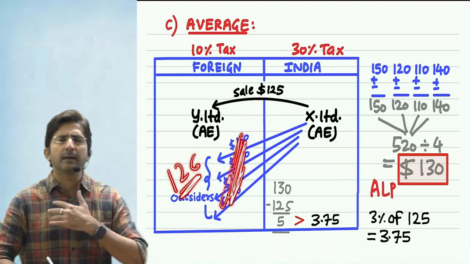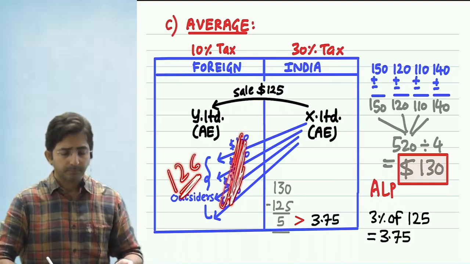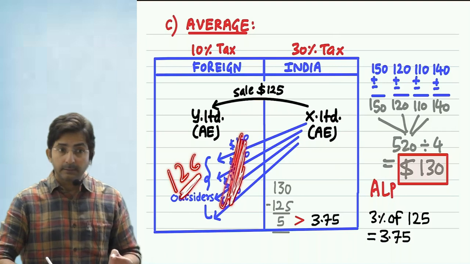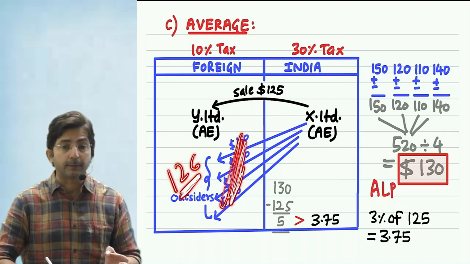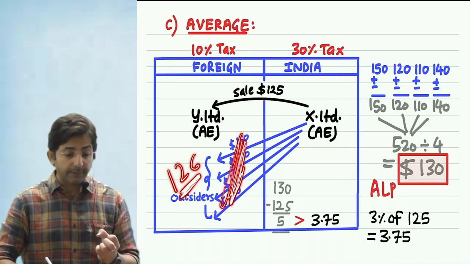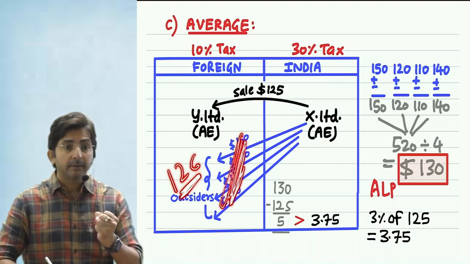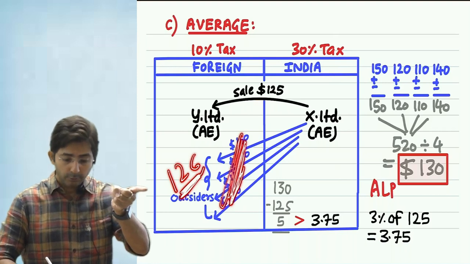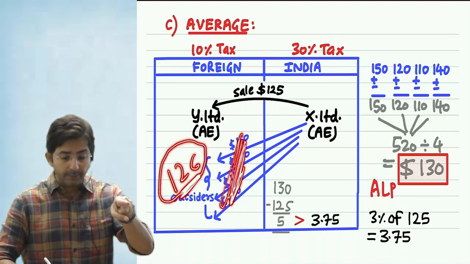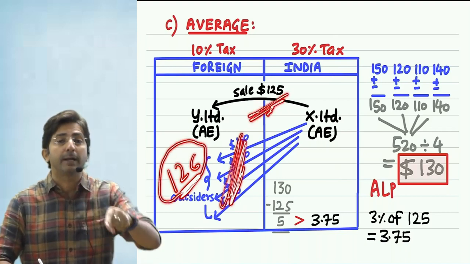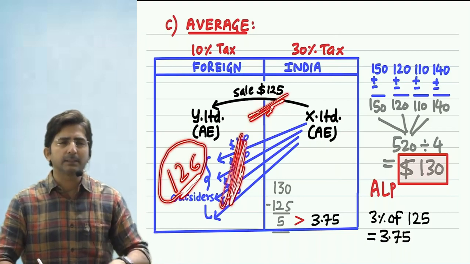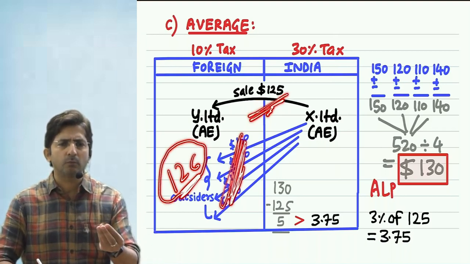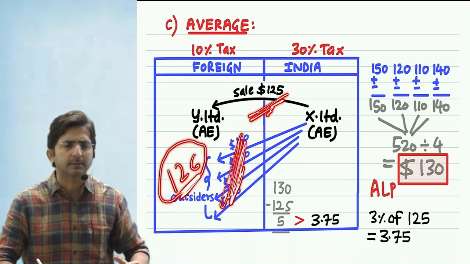Means all the unrelated parties are sold for 126. Then government will not tolerate the difference. Then we can confidently blame the assessee that to the entire world you are selling for 126, then how come this is 125? If assessee says it's a small difference, why small difference? We will not tolerate this.